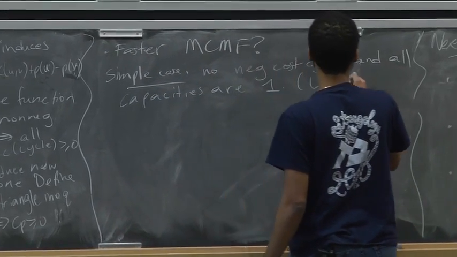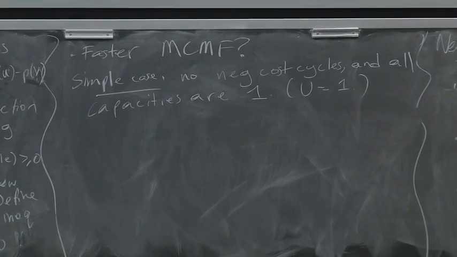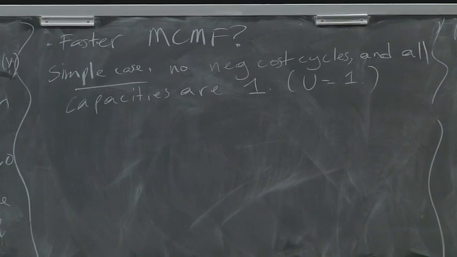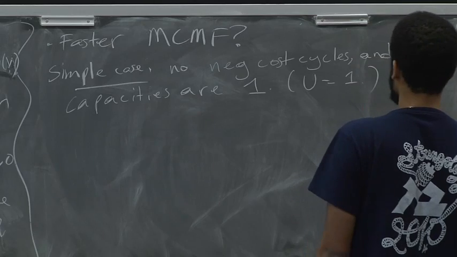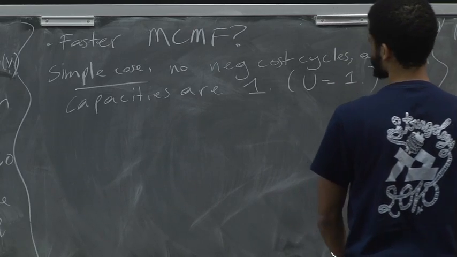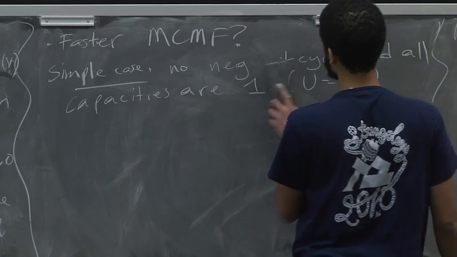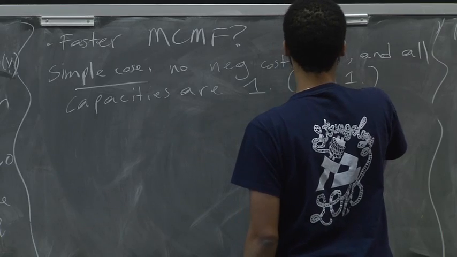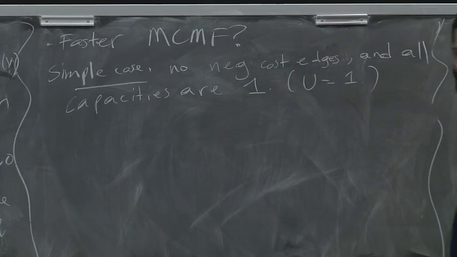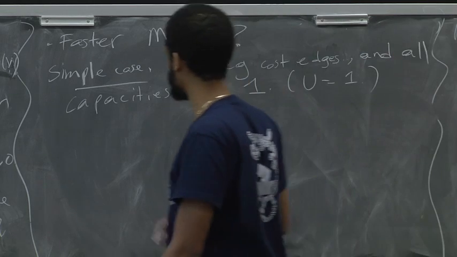So this U is 1. Actually, let me make it even simpler. And let me just say there are no negative edges at all. Okay. Here's going to be an algorithm.